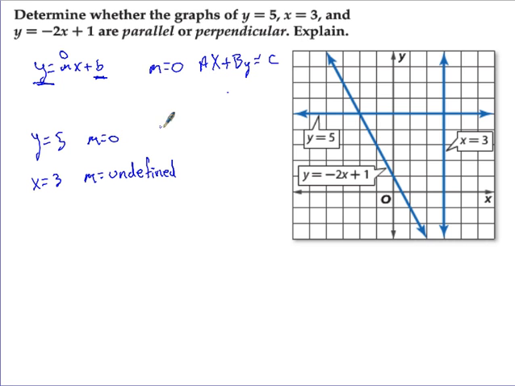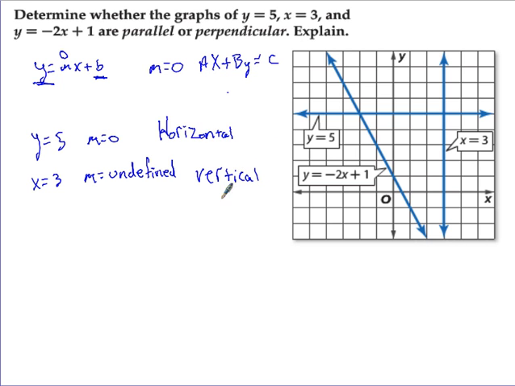So this line is horizontal. And this line is vertical.